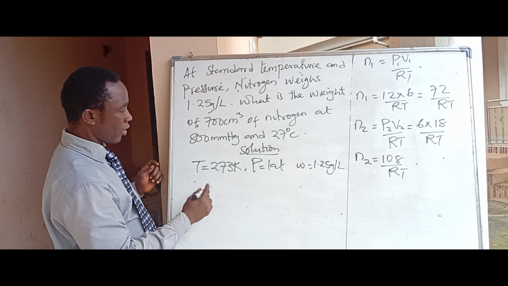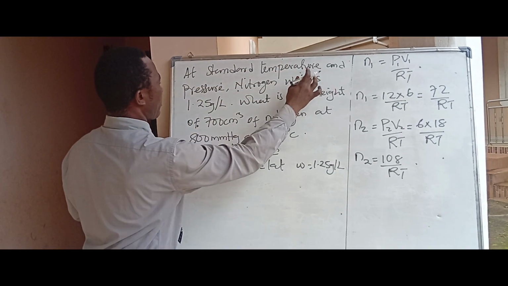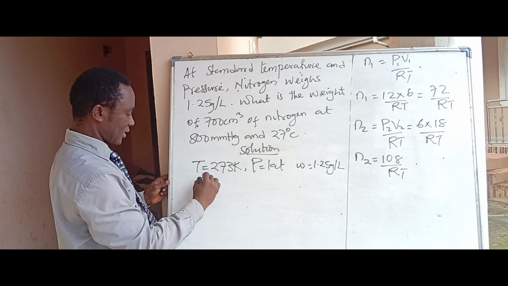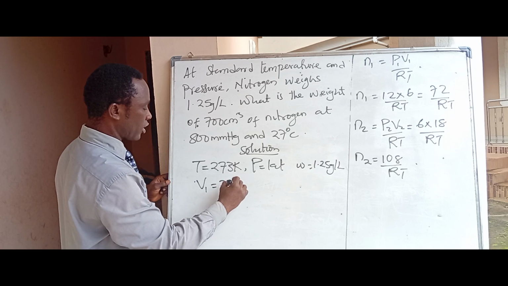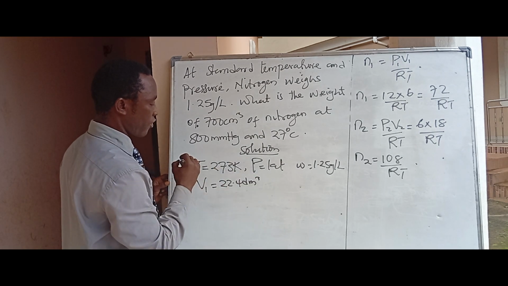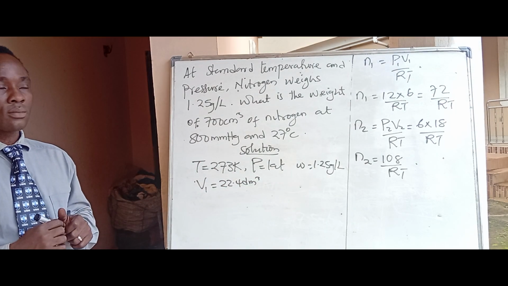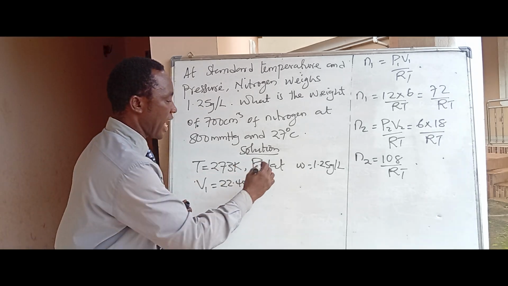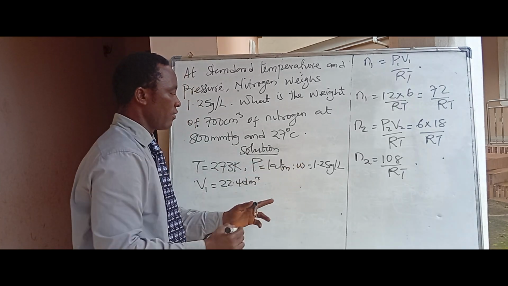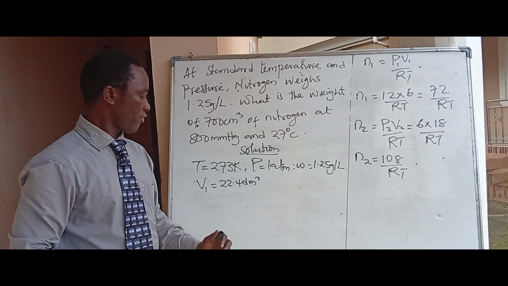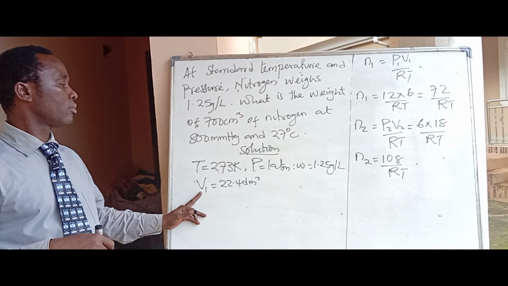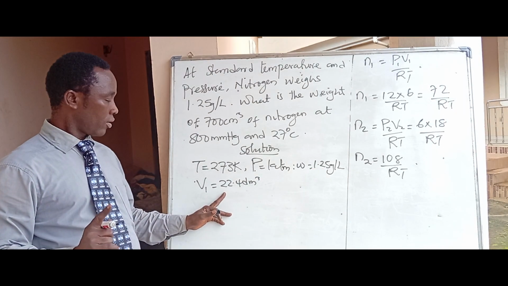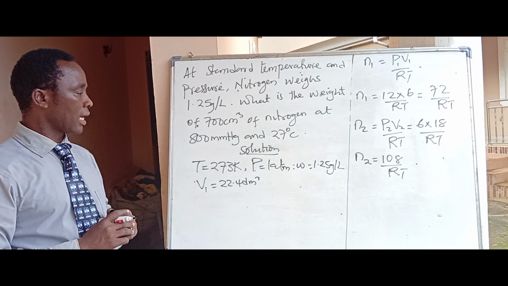So remember, at standard temperature and pressure, a gas at standard volume will be 22.4 dm cube. Standard temperature is 273. Standard pressure is 1 atm. The weight given is 1.25. Remember, standard volume is 22.4 dm cube.